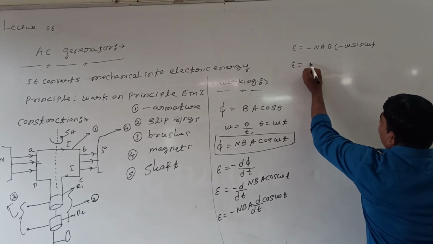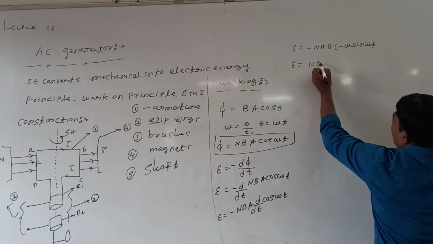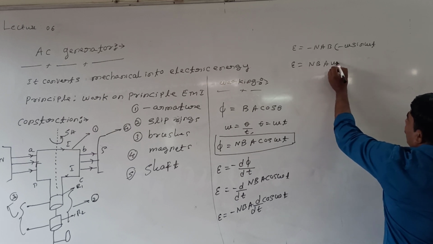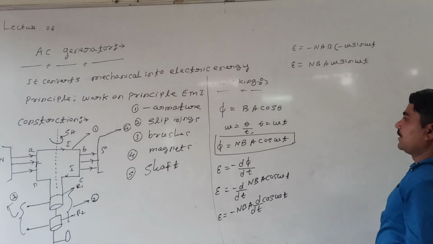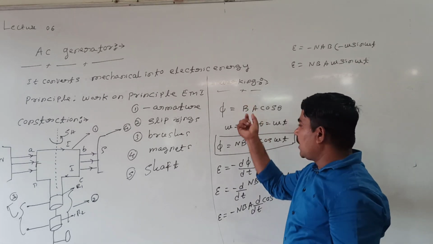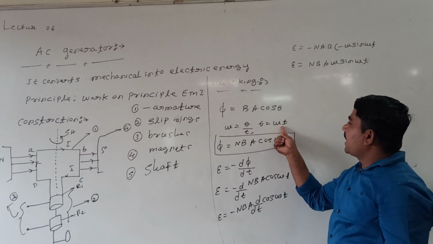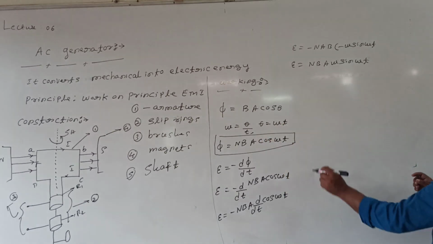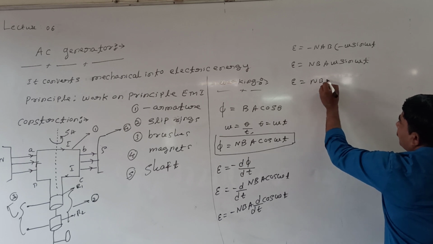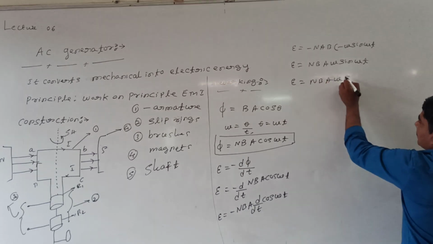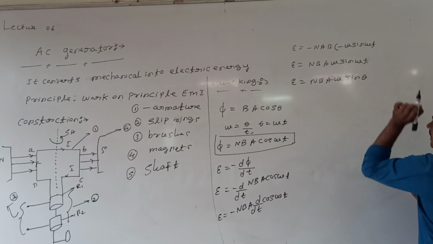The EMF induced in the coil can be given as NBA into omega into sin omega t. But omega into t, we have already seen, is equal to theta. What do you observe then? E is equal to N B A omega sin theta, where sin omega t is replaced by sin theta.